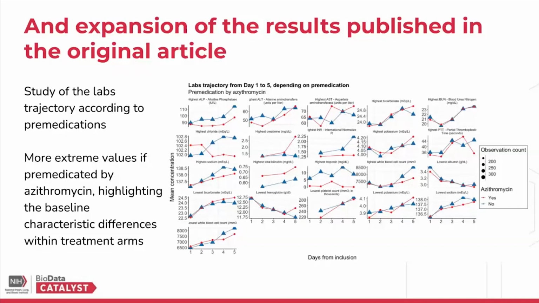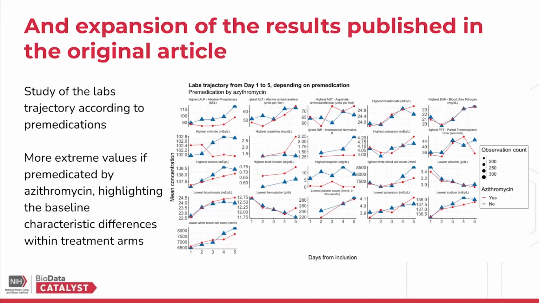Out of this exploratory analysis, we noticed that patients treated with azithromycin seem to have worse baseline characteristics and overall worse lab status, with higher liver enzymes and troponin concentrations.